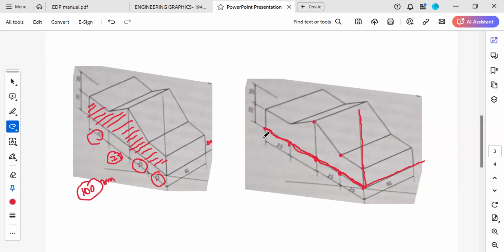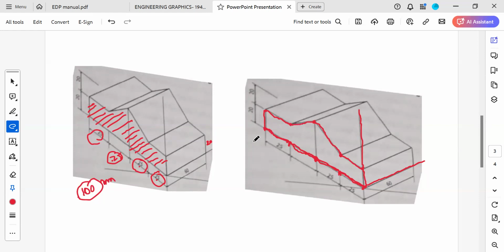From this point you measure 20 mm, and finally here you measure 20 mm. This distance is given as 25, and this distance is 25, so you get the midpoint. From this point you join this line and join this point with this line.